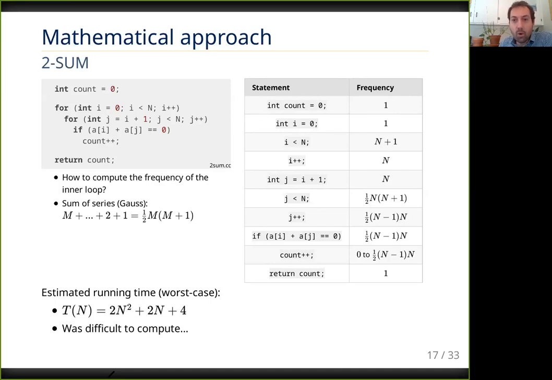Maybe we don't need to count everything like that, and we can simplify even more. Because when you look at it, that doesn't really help getting us the running time, and it could probably be simplified a lot more. So let's see how we can do that.